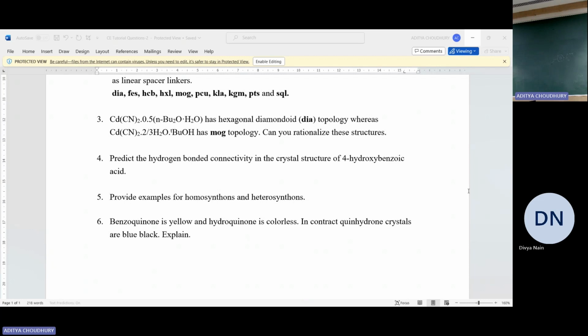There is one very good synthon: carboxylic acid will form a specific synthon. If you look at the 2 carboxylic acids, can they form any synthon out of it? Which is the most likely, the strongest one? That's what you have to write first. So these other ones are the weak ones.